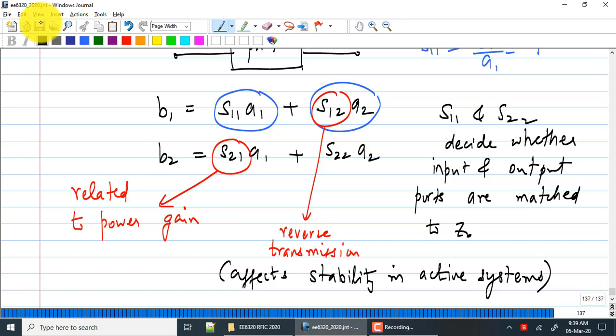Okay, B1 and A1 are the voltages. But obviously, if you relate B1 squared, A1 squared, then you can relate the S parameters to power quantities also. Naturally, you can.